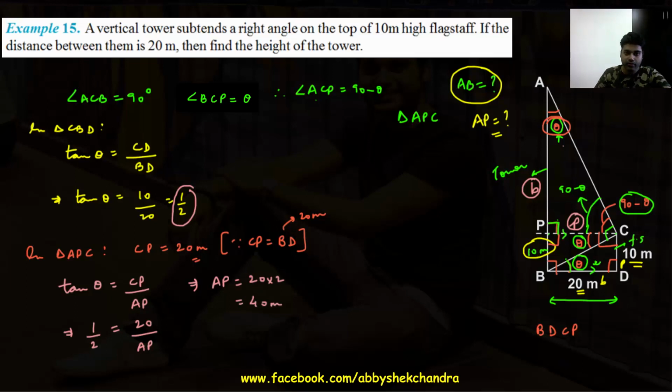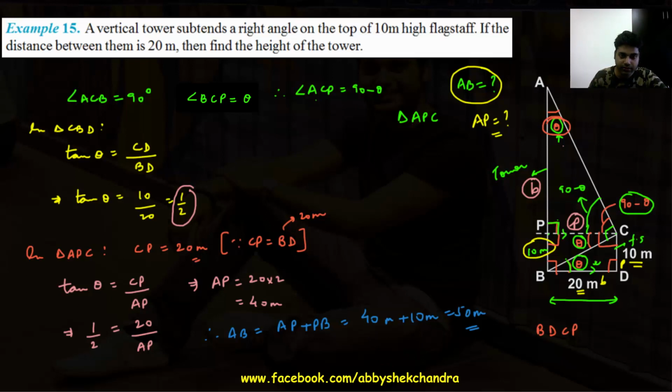Now what did we need to find? We wanted to find AB, the height of the tower. AB is AP plus PB, that is 40 meters plus 10 meters. That gives us 50 meters as the answer.